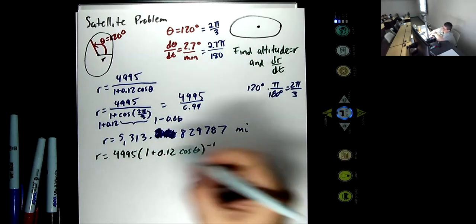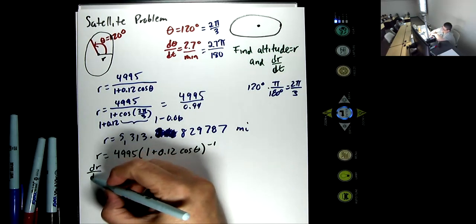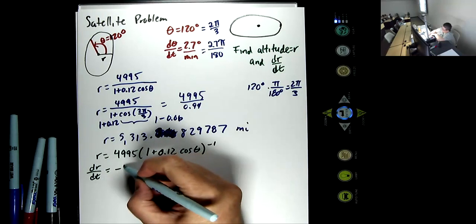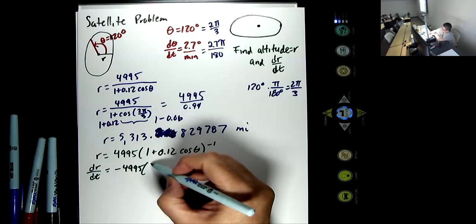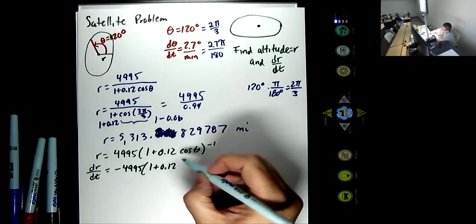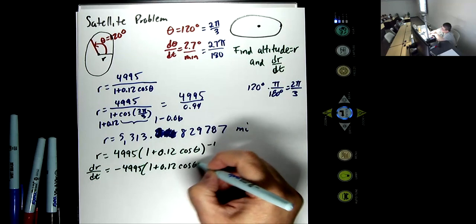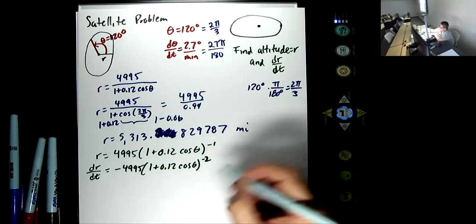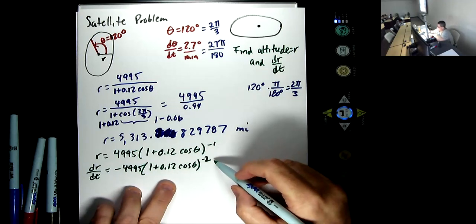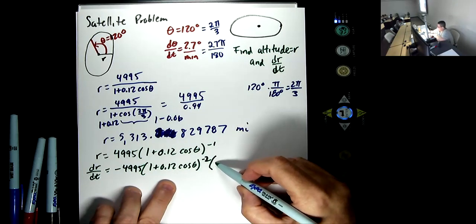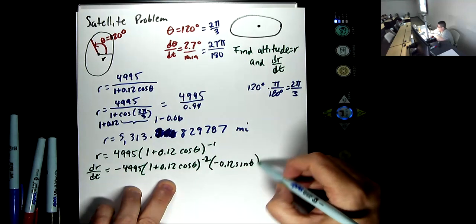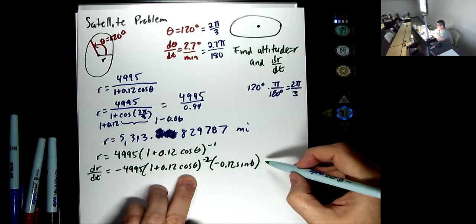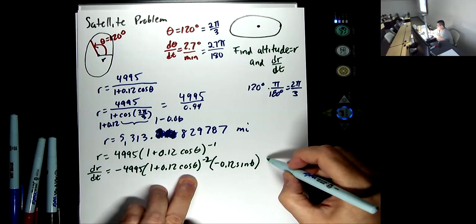You bring the negative down. The power goes down by 1. We take the derivative of the inside. The derivative of the inside is negative 0.12 sine theta. And then we take the derivative of the inside of cosine or sine theta, and we get d theta dt.